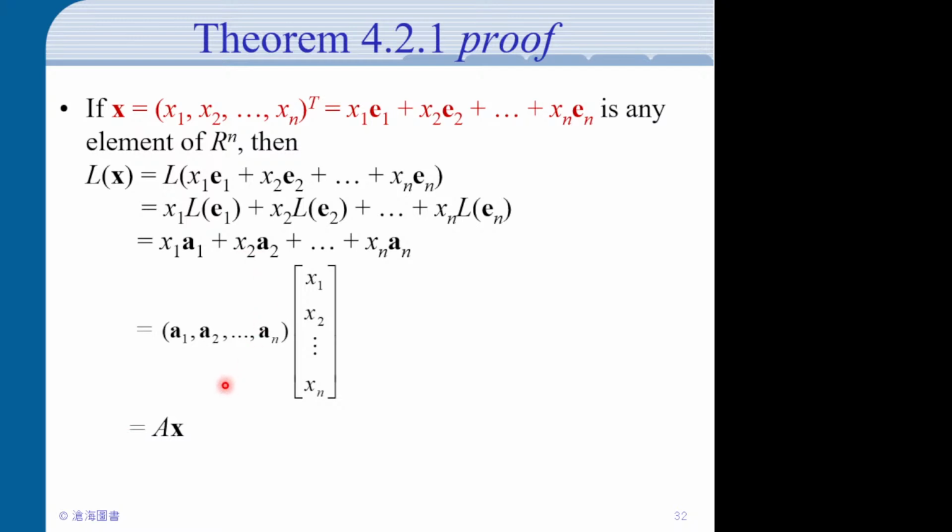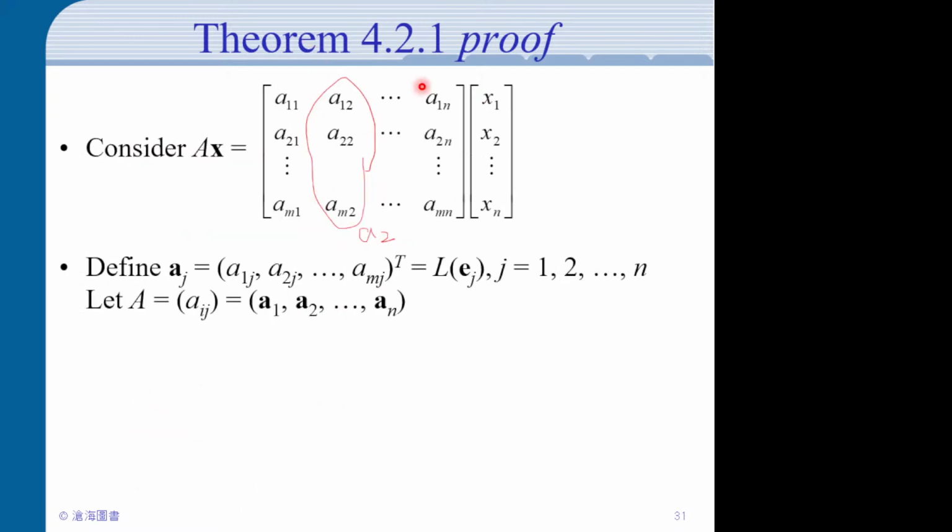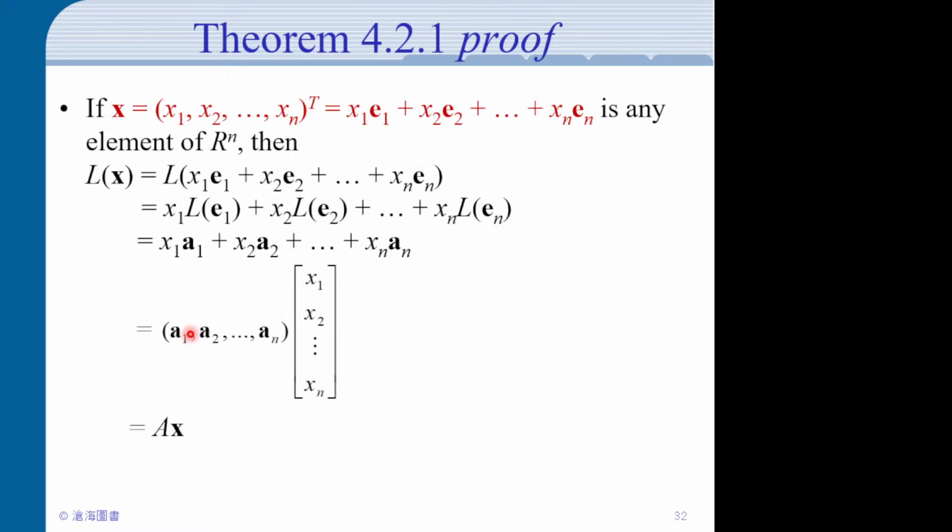Another way to see this is to remember that A times x is a linear combination of columns of A, so it's a linear combination of A1 to AN.